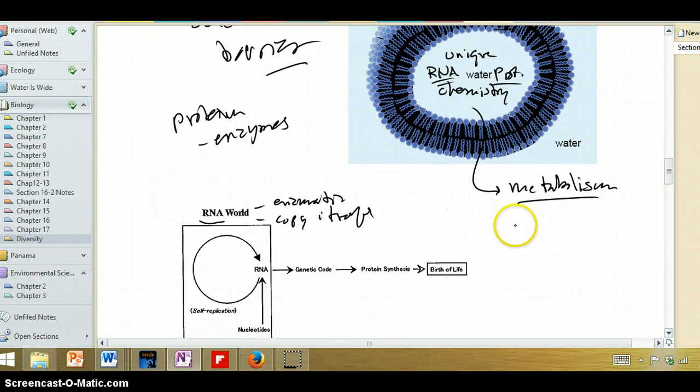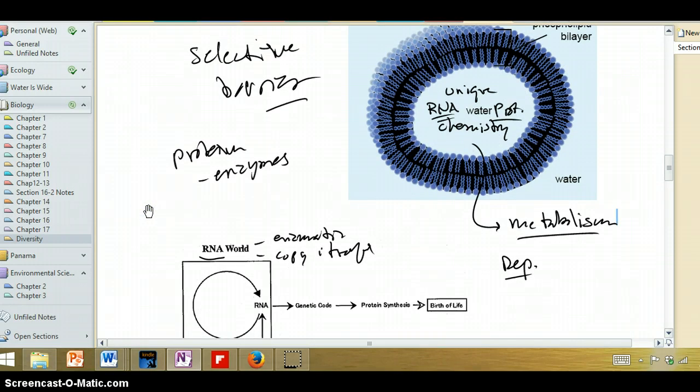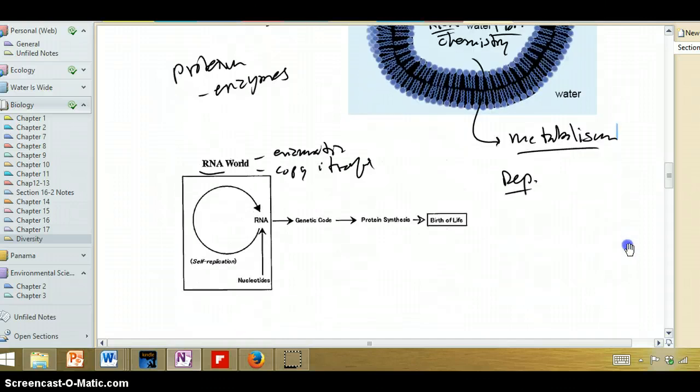Of course, the ability to reproduce is important. And so when this simple protocell begins to split into two separate balls, each sharing the same unique chemistry, you might be able to say it has now reproduced.